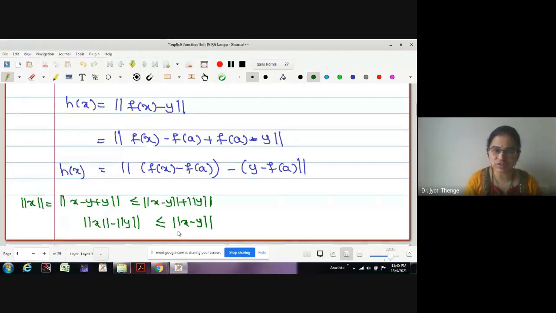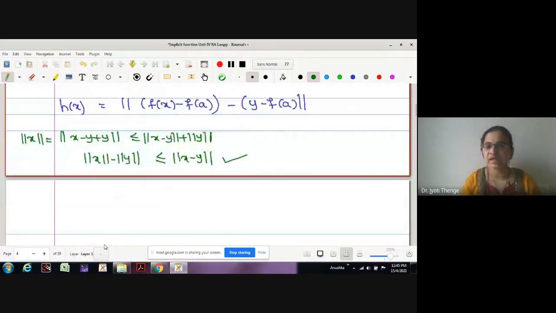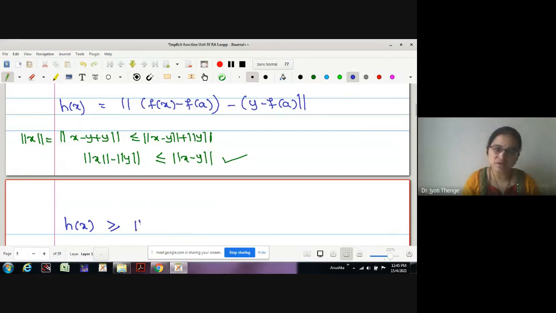Now I am going to use this statement for norm of x minus y. Then norm of x minus y is greater or equal to norm x minus norm y. Correct now? Let us use this result to write h of x is greater or equal to norm of fx minus fa minus norm of fa minus y.